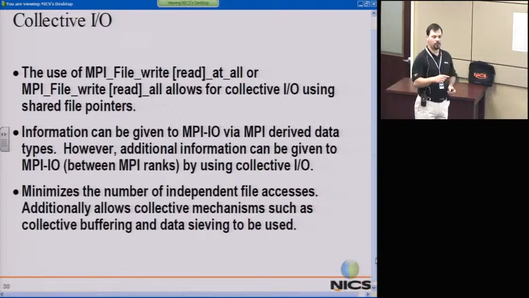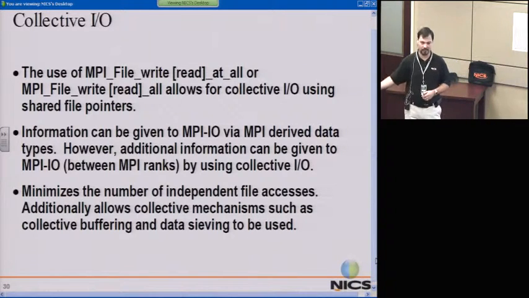So with collective I/O, you can sort of aggregate all these processes together and try to sequentially access the file in that direction, and that can improve performance also. By the fact that the calls are collective, each of the processes can share information about what portions of the file I need versus what portions of the file you need or other processes need, so they can try to coordinate a little bit better about how I/O is performed instead of almost doing random I/O on the disk.